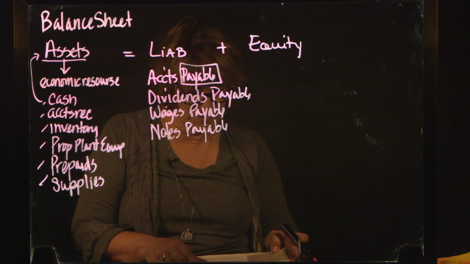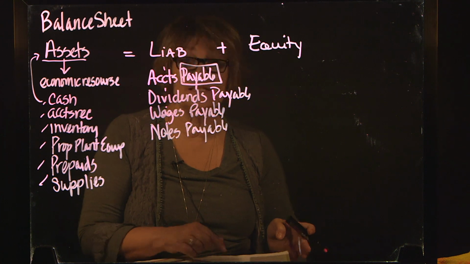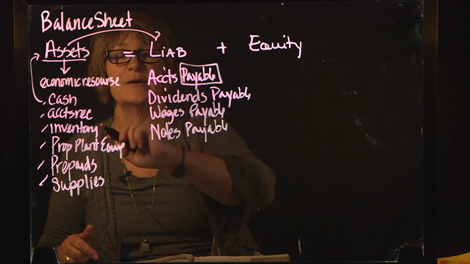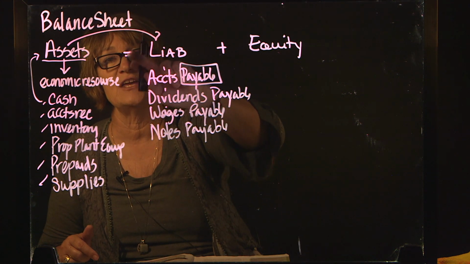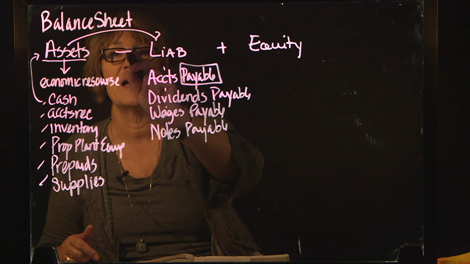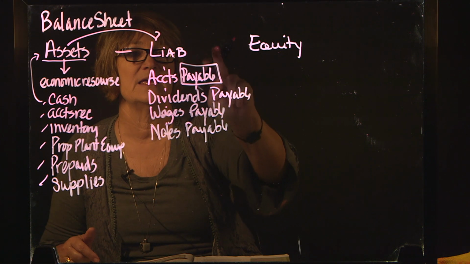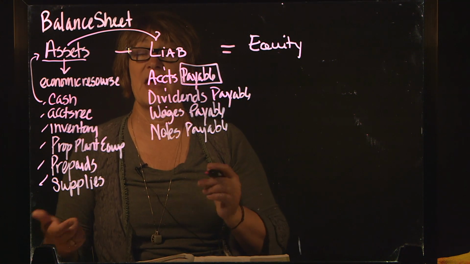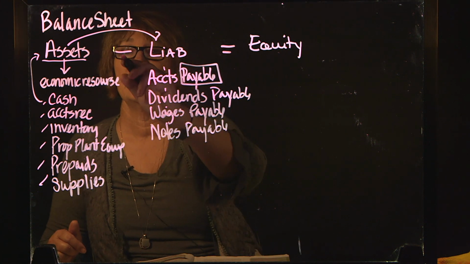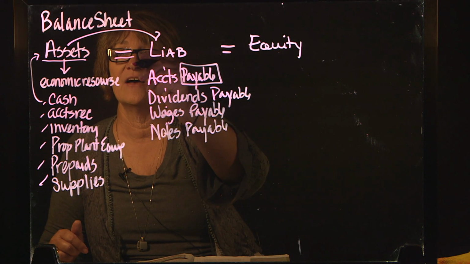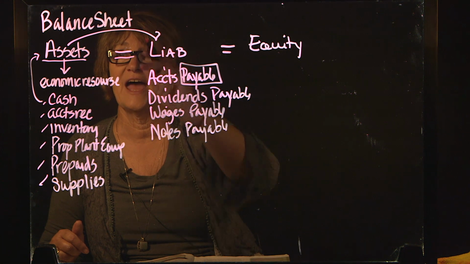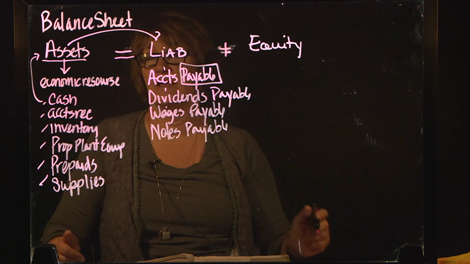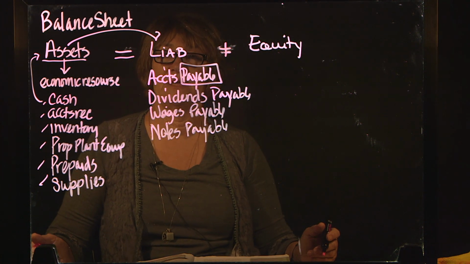Equity, which is what we're going to move on to now, is the difference between the company's assets and its liabilities. So I could change this and do assets minus liabilities equal equity. I can change that, and the equation would still be true. In our case, for building the balance sheet, assets equal liabilities plus equity, and you'll see what I mean here in a minute.